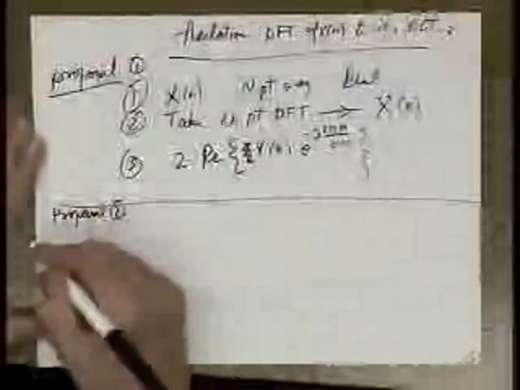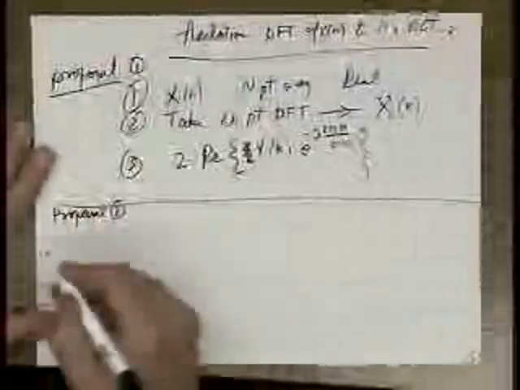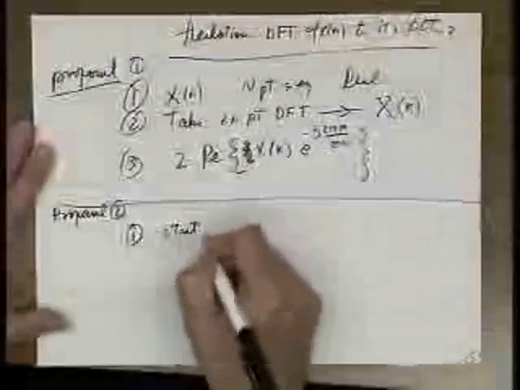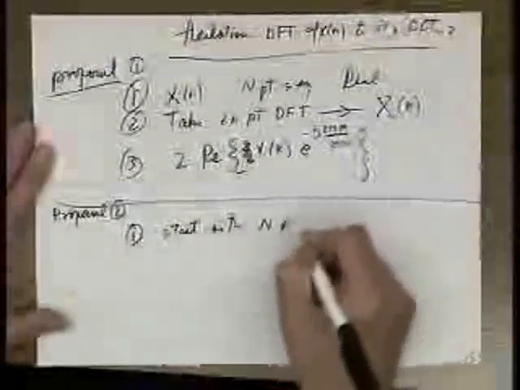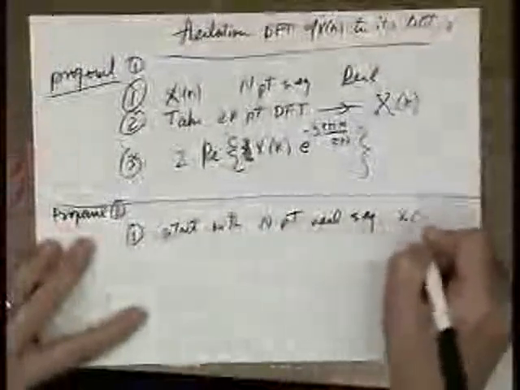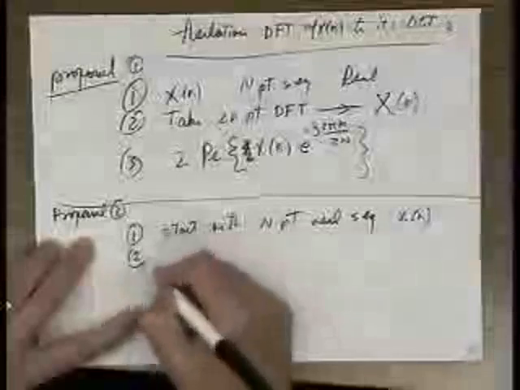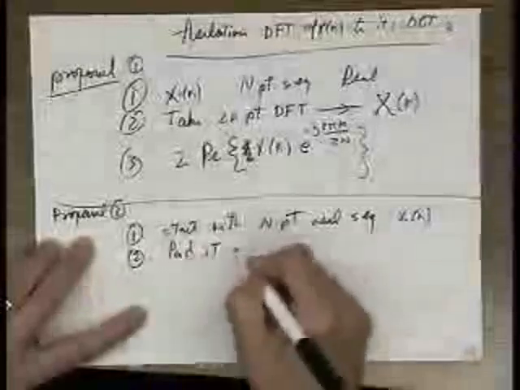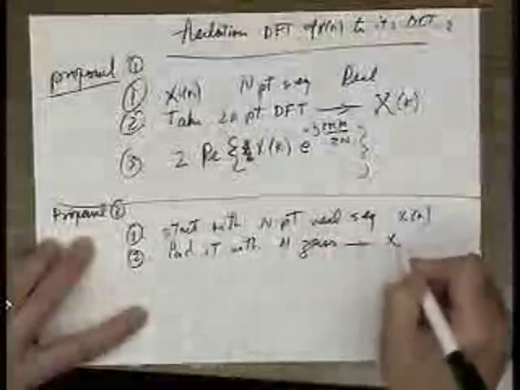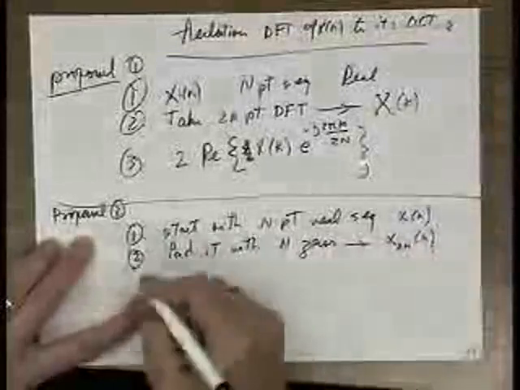And proposal 2 is this. Step 1, you start with an N-point real sequence, x of n, and then you pad it with N zeros to get a new sequence, x up to n of n, I call that.